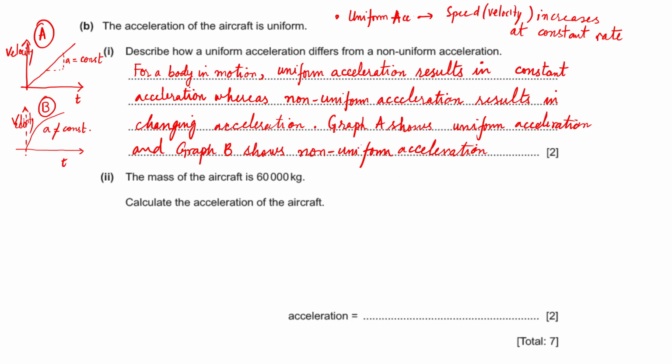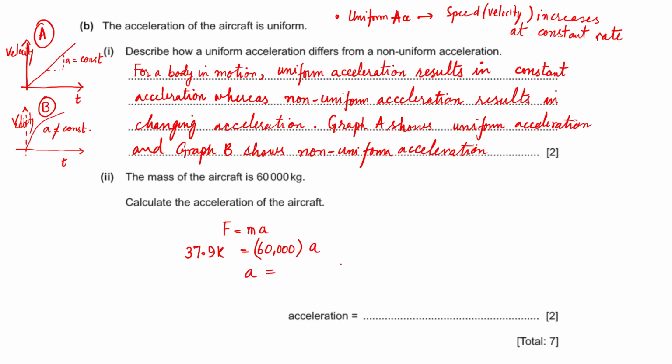Okay, so next part, it says the mass of an aircraft is 60,000 kilograms. Calculate the acceleration of the aircraft. So we know that force equals mass times acceleration. Mass is 60,000 kg. Force, remember the resultant force acting was 37.9 kilonewtons, and you have to find the acceleration.